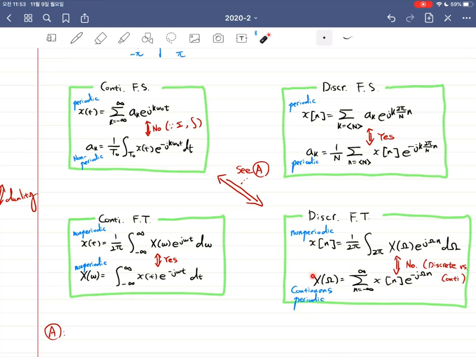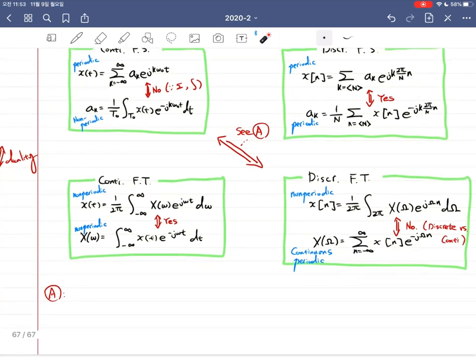The Fourier transform of this discrete time signal is a periodic function in the frequency domain. And since it's periodic, it should have the Fourier series representation. And that Fourier series representation is the original sequence itself. Of course, I'm excluding the fact of reversing the x-axis and multiplying by 2 pi.